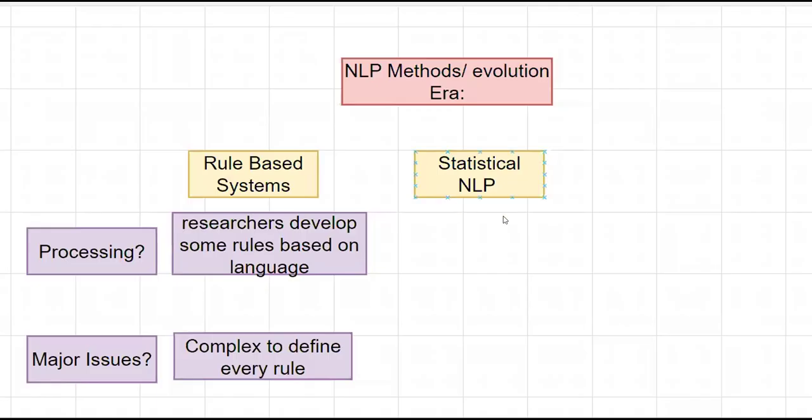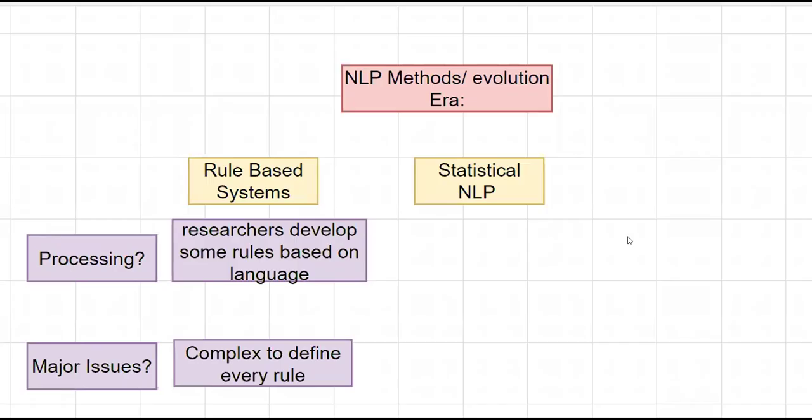That is, the statistical NLP model evolved as an advanced model over rule-based systems during those days. In the next video, we're going to learn about the statistical NLP model.